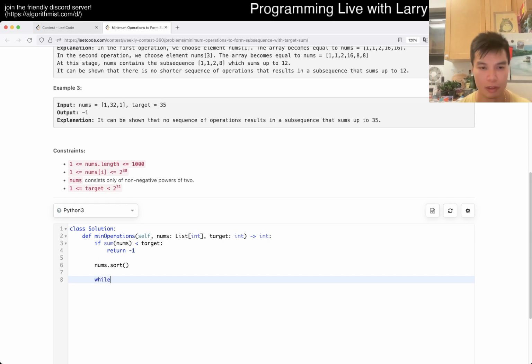Okay, I see. So while, do you ever not want all the numbers? Yeah, because if you have like target is equal to 4 and you have 1 and 4, or even 1 and 8, then you don't want the 1. The 1 does nothing.